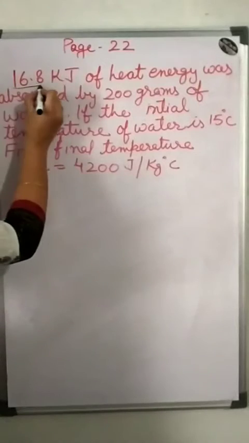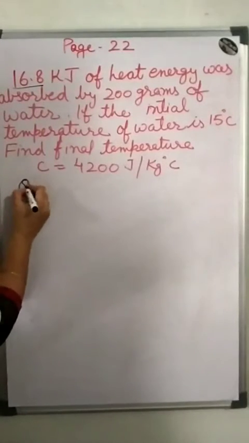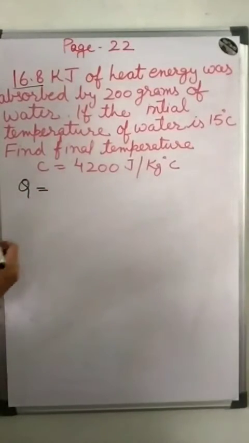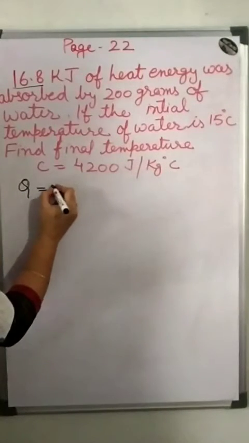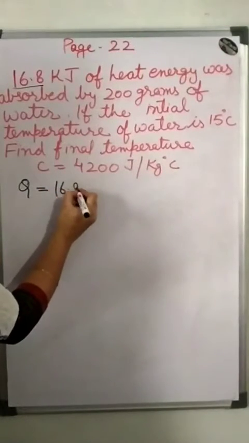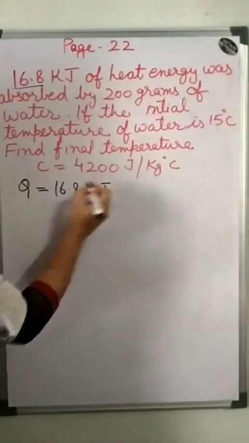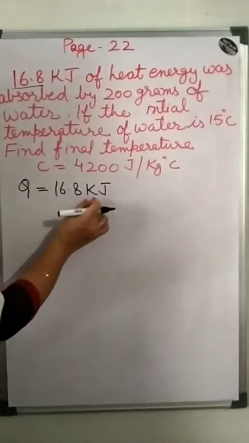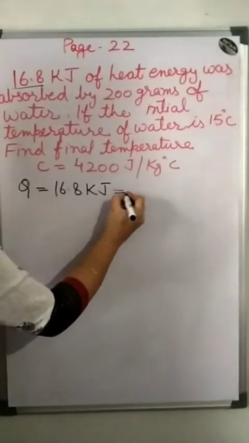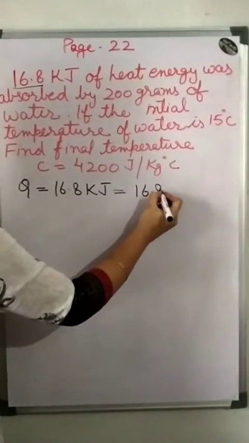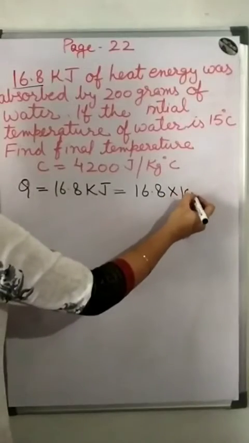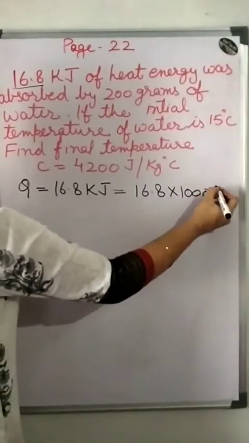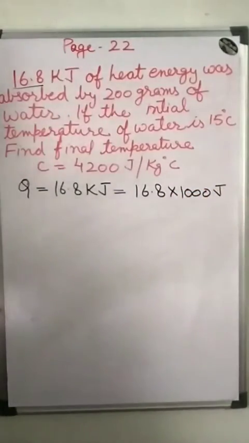So this is the value of Q, that is given to you, 16.8 kilojoule, but it is given to you in kilojoule. So you convert this into a joule. So in place of kilo, what we'll do here? We multiply it by 1000 so that it becomes in joule.